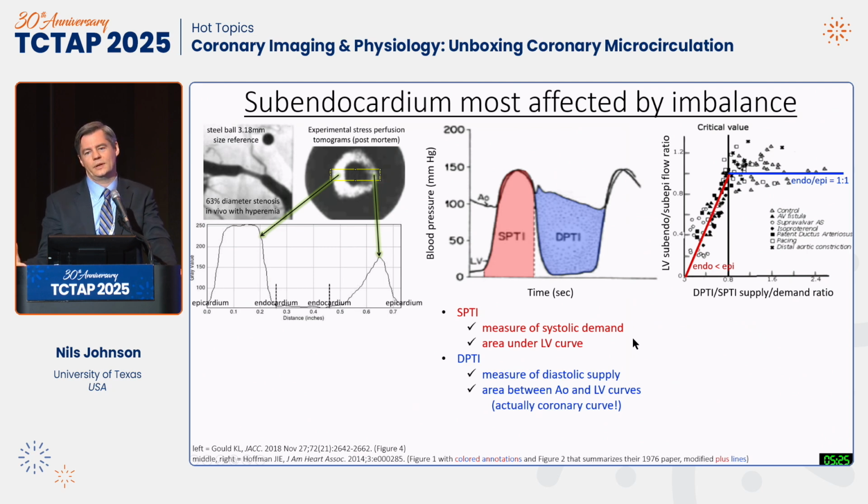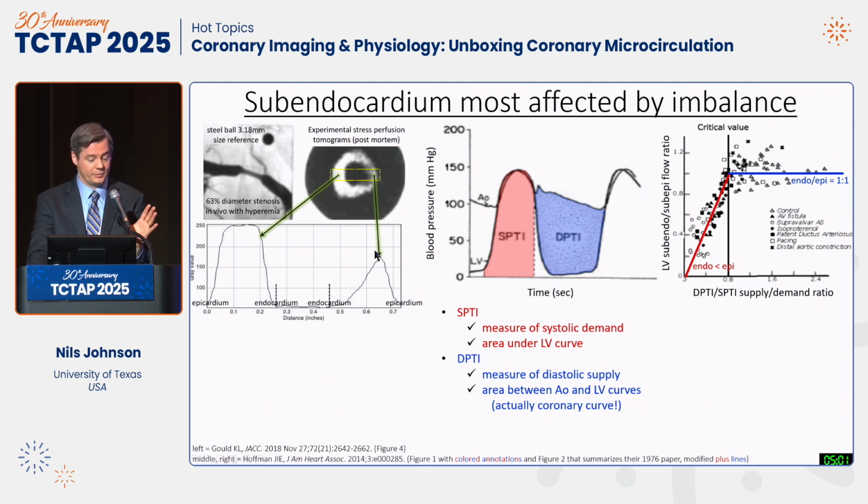And what's been well understood for a long time is that the first and most sensitive part of the heart that becomes affected when this balance goes out of sync is the innermost layer, the subendocardium. So take a look over here at this lateral wall. You can see that this is an artificial stenosis created in the circumflex. And yes, perfusion is lower in the circumflex, but look at what happens across the wall.